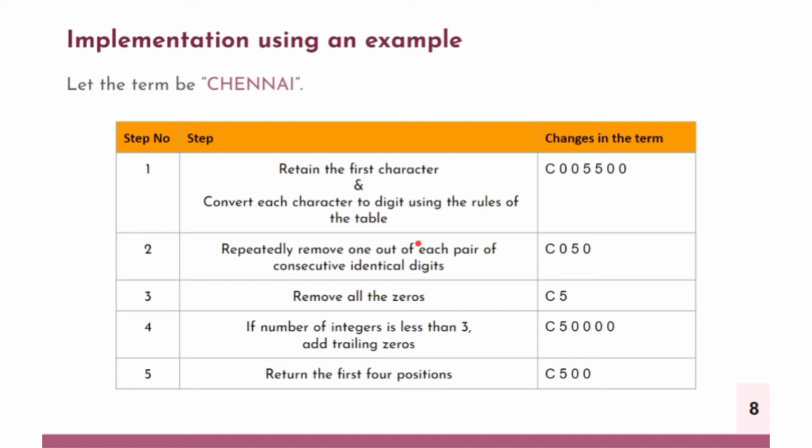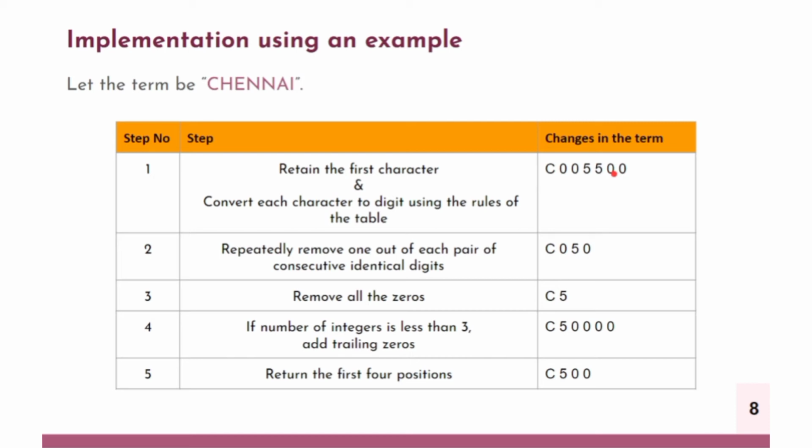What's the next step? Going to the second step: repeatedly remove one out of each pair of consecutive identical digits. Here, 0, 0 is a pair of consecutive identical digits, 5, 5 also is a pair, and again 0 and 0 is also a pair.